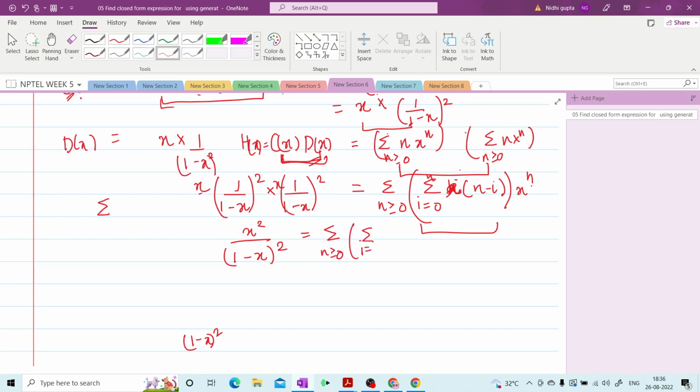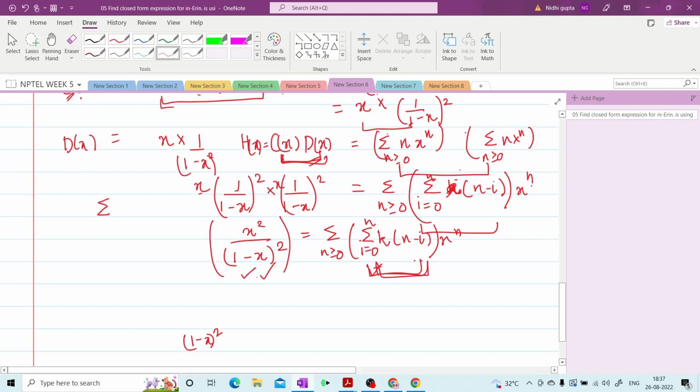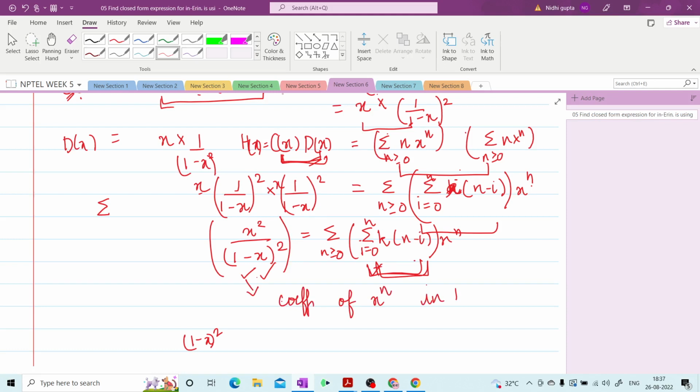Yes, clear. So now we have this, and this term is basically coming out. If we want to find the closed form expression of this, finding a closed form expression of this is the same as finding the coefficient of x raised to the power n in the LHS.